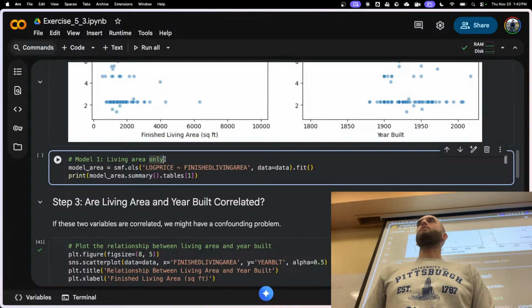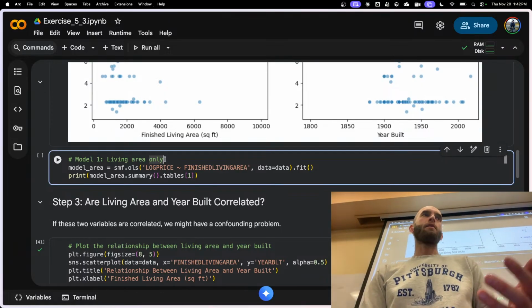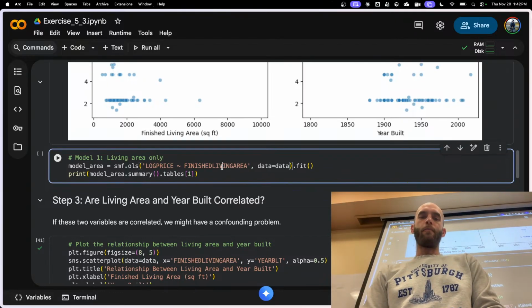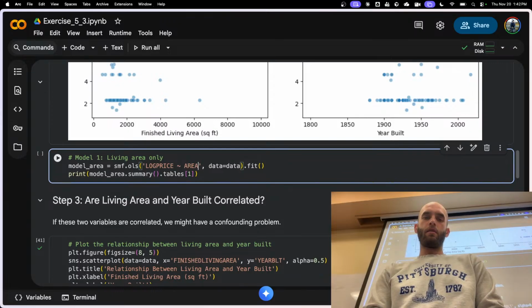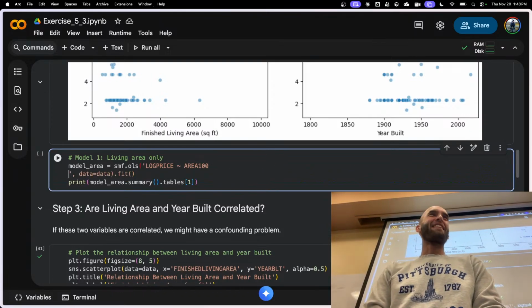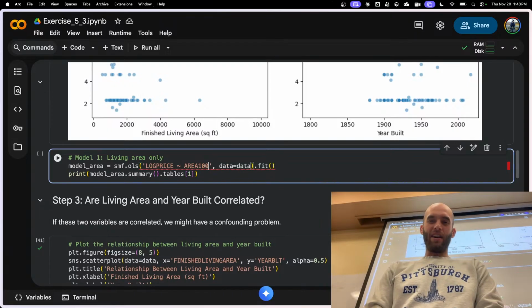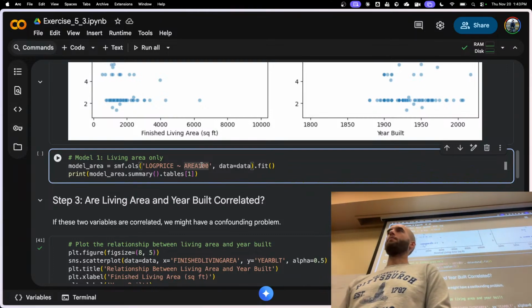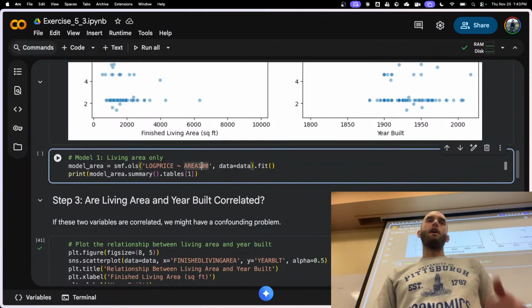We're only using the living area of the house to predict the sale price. I'm going to use area 100, which is the square foot divided by 100. This just gives us maybe better units for interpreting our output.